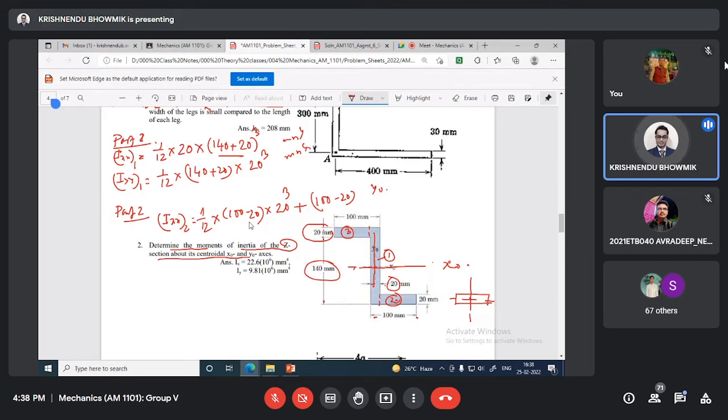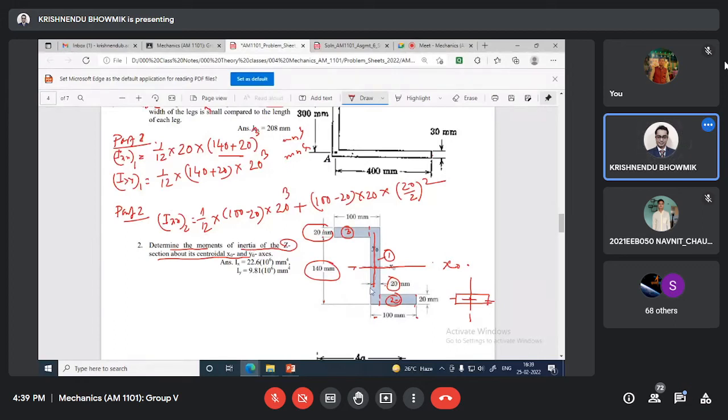You just check, I am not skipping any steps. Multiplied by 20. So this is the area multiplied by distance squared. Distance of the part from the x axis, that is 20 by 2, the 20 by 2 square. That is the Ixx: 1 by 12 base multiplied by height cube plus area multiplied by distance squared.